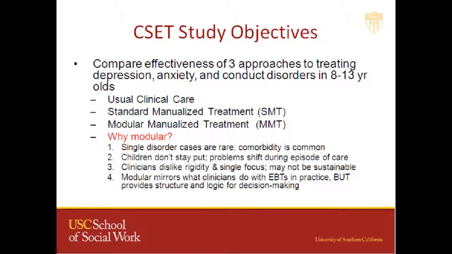And then the third option was to take a modular approach to that standard manualized treatment, whereby instead of following all of the modules in a treatment, you select only those that were most relevant or believed to be most appropriate to that particular child in that setting.